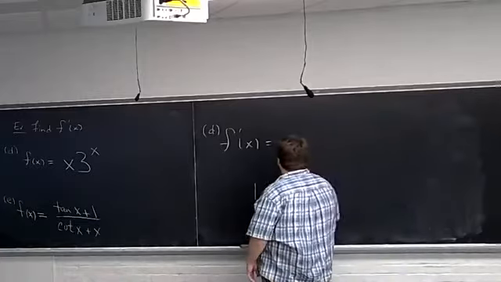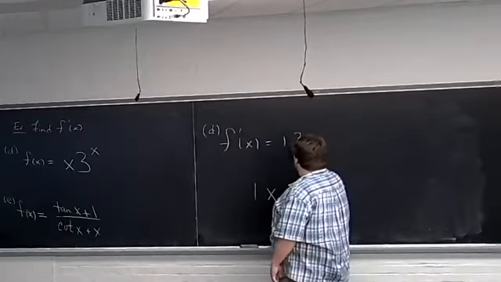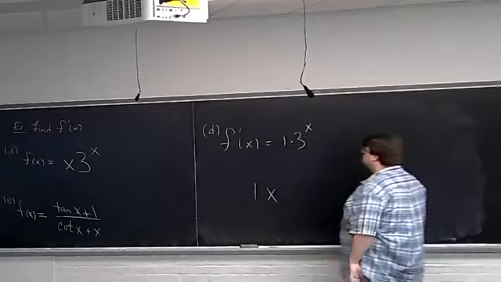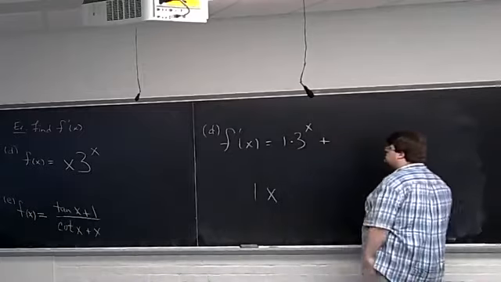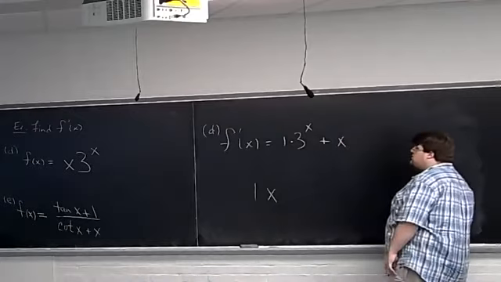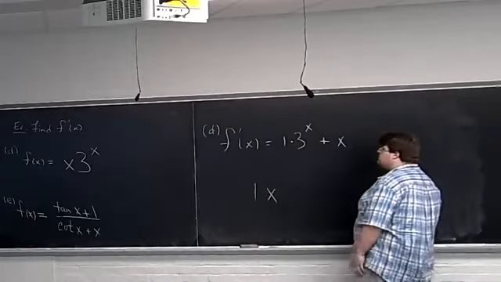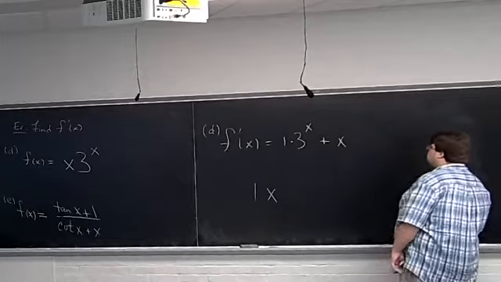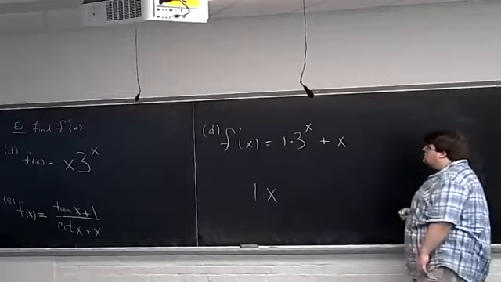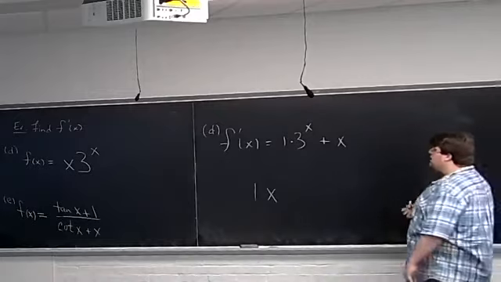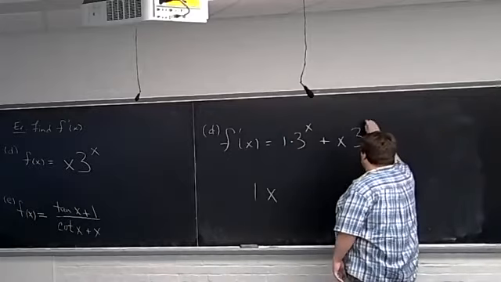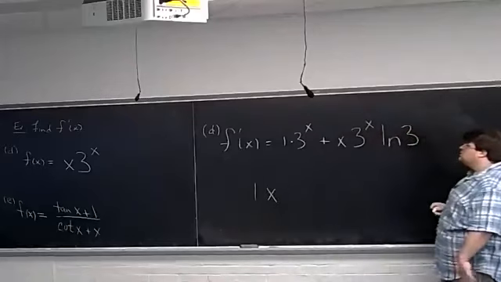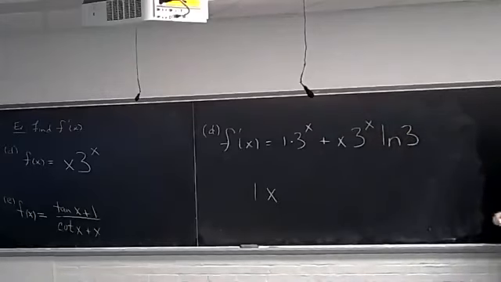So we have 1, derivative of the first, times the second, 1 times 3 to the x, plus the first times the derivative of the second. Derivative of 3 to the x using the second to last rule, so rule 15. It's an exponential function with base 3. Derivative of exponential function is b to the x log b. So derivative of 3 to the x is 3 to the x log 3.